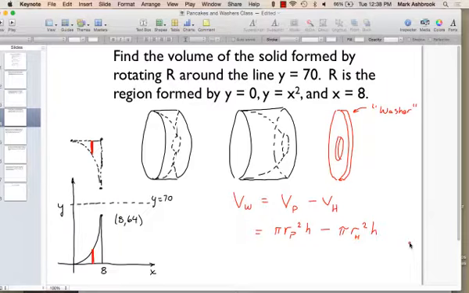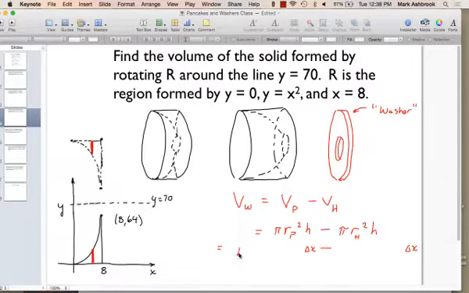So it's going to be pi r squared h minus pi r squared h. Now we're ready to start figuring out what these things are. Let's start with the height. That's easy, right? What is the height of the washer? Delta x. Agree with that? Yep. So delta x.